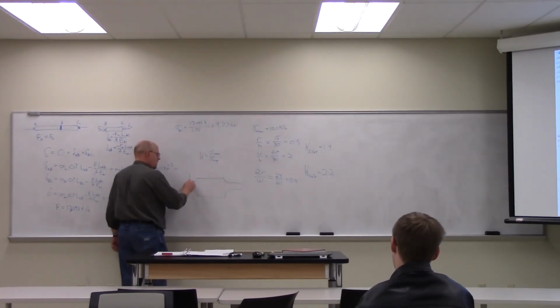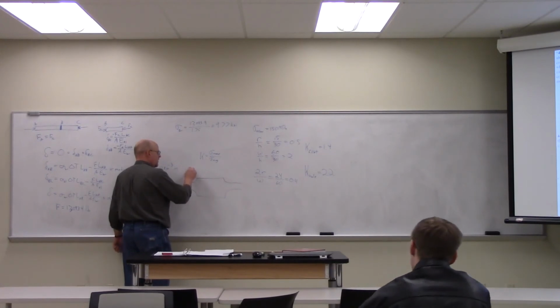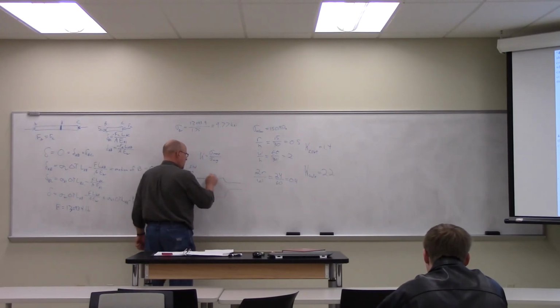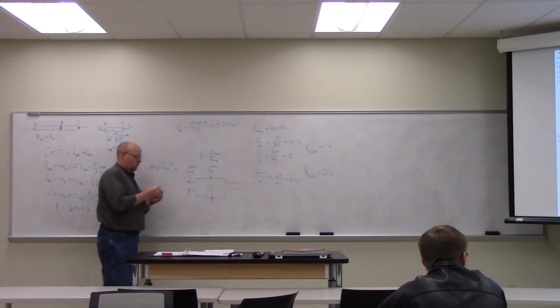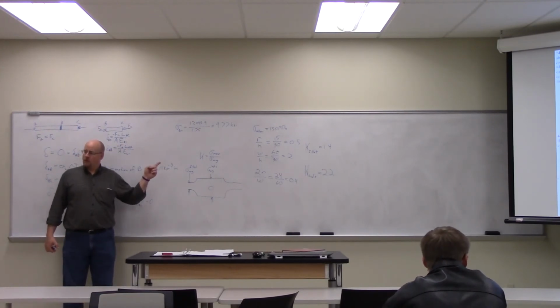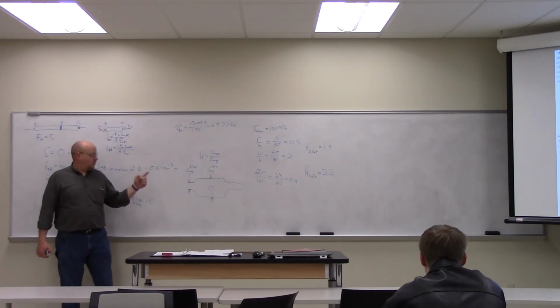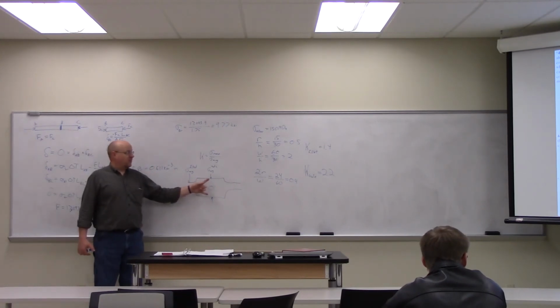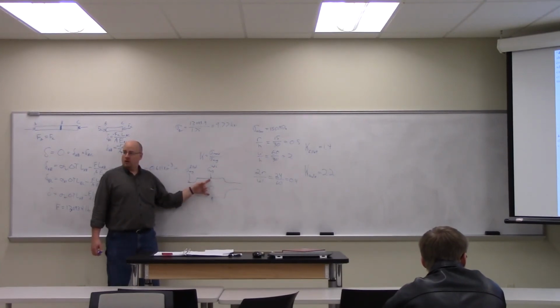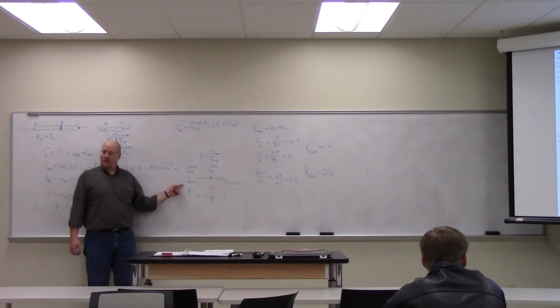This section is sigma average for the fillet. The stress at this cross section is sigma average for the hole. Those are two different sigma averages. So the hole has a larger stress concentration, but if the average stress here is smaller, it might still be more likely to fail down here in the fillet.